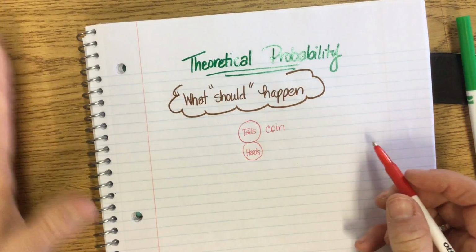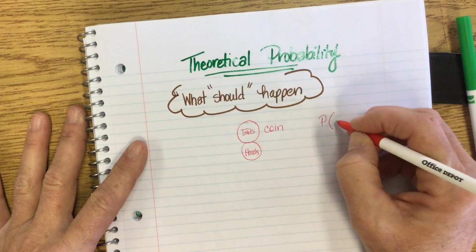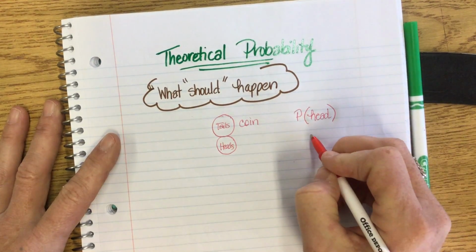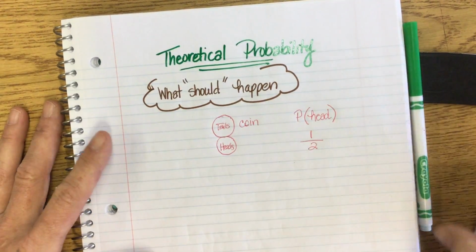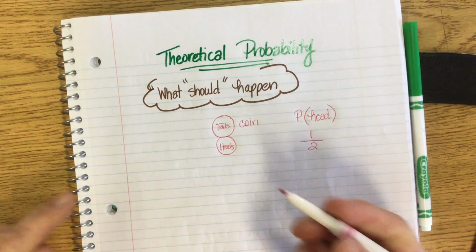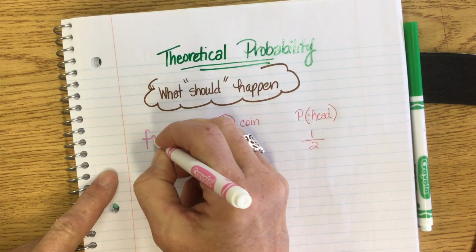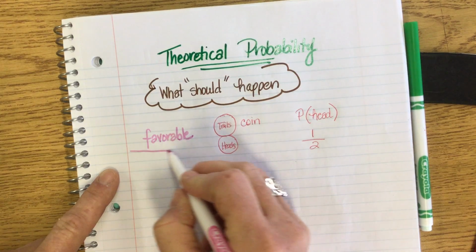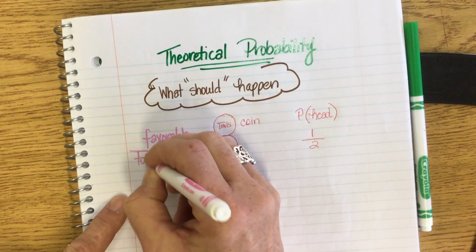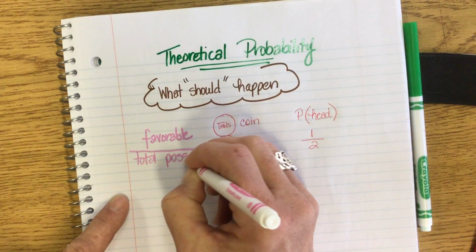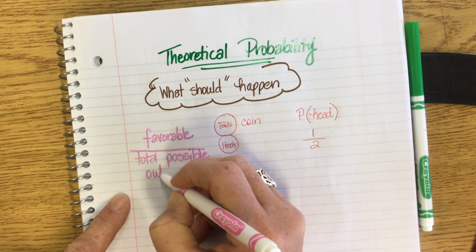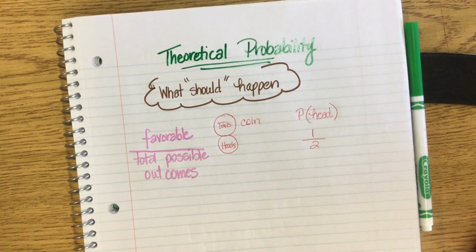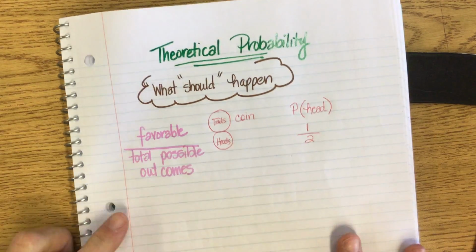The probability of flipping a head would be 1 out of 2, because for theoretical probability, it's always our favorable divided by total possible outcomes. Really, really simple. Now, we're going to compare that today with experimental probability.